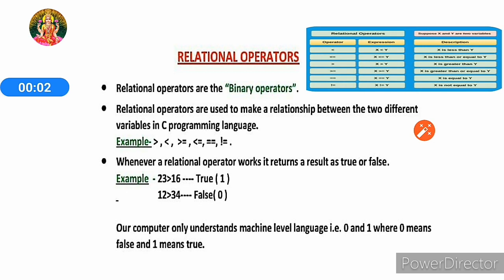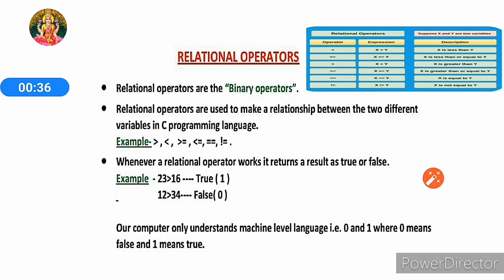Now students, we will discuss the next part of our video lecture, which is the relational operator. What do you mean by the term relational? It's obvious that the relational operator means some relation between two operands. So we can easily say that relational operators are binary operators because they make a relationship between two operands.